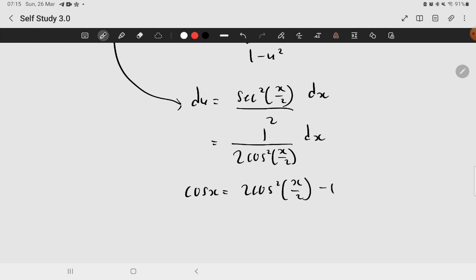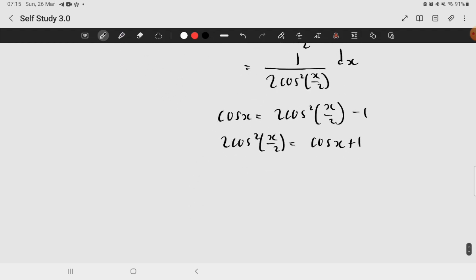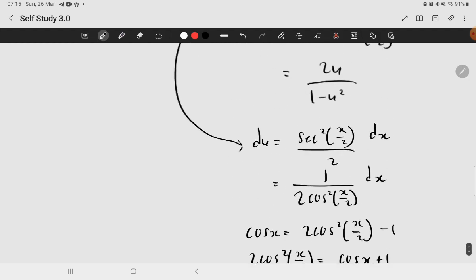When we express 2 cosine squared x over 2 in terms of cosine of x, we obtain cosine of x plus 1. And now, by referring back to here, we can express this as du is equal to 1 over cosine of x plus 1 dx. By multiplying both sides with the denominator, you obtain cosine of x plus 1 du is equal to dx. It will be important a second later.